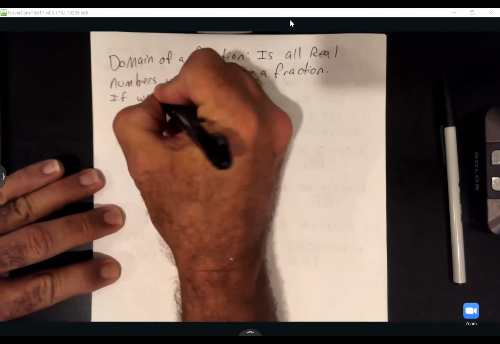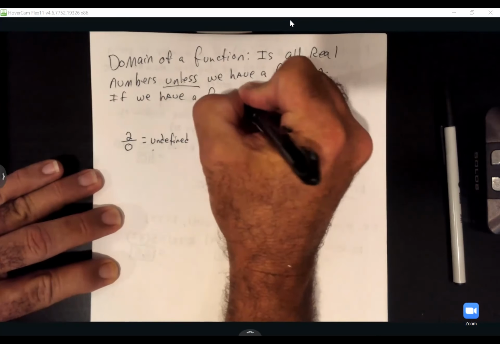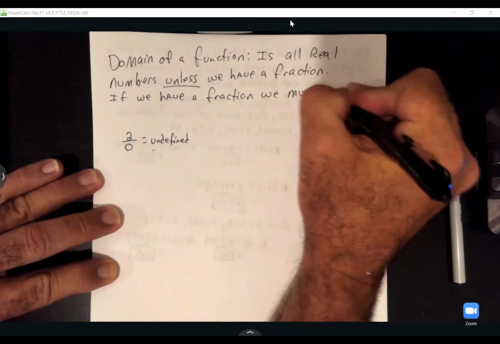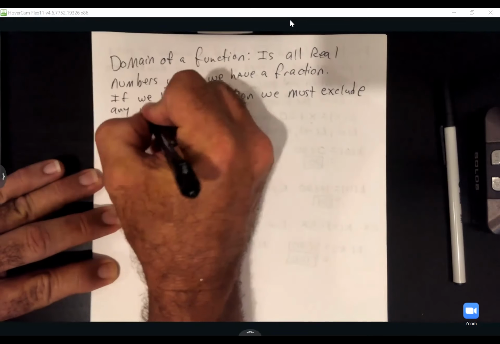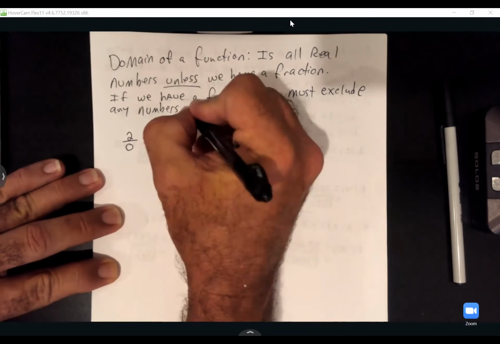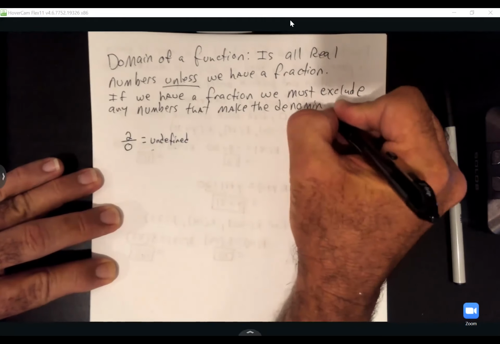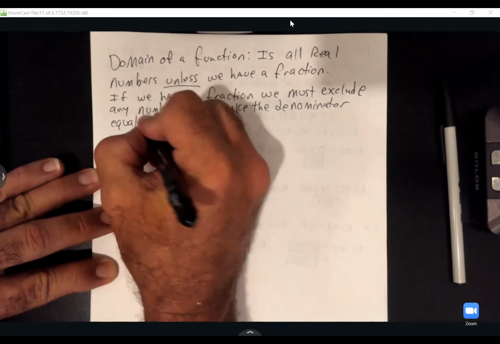If we have a fraction, we must exclude any numbers that make the denominator equal 0.